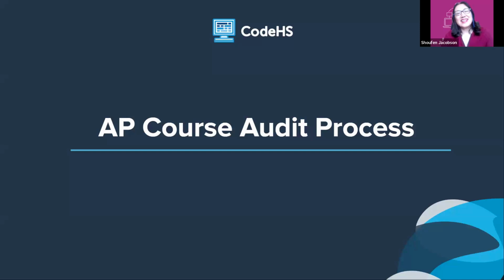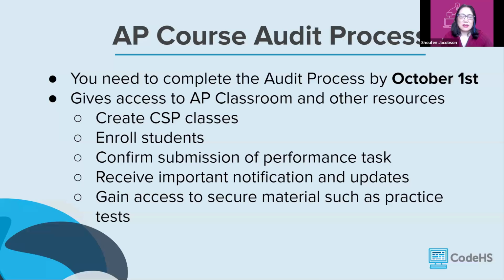So now let's take a look at the AP course audit process. The deadline is October 1st, but I strongly recommend, and I think you all have already, completed this process. For new teachers, we need to set up an AP account, registered with College Board, and once you set it up, you will be prompted to complete the AP audit process.